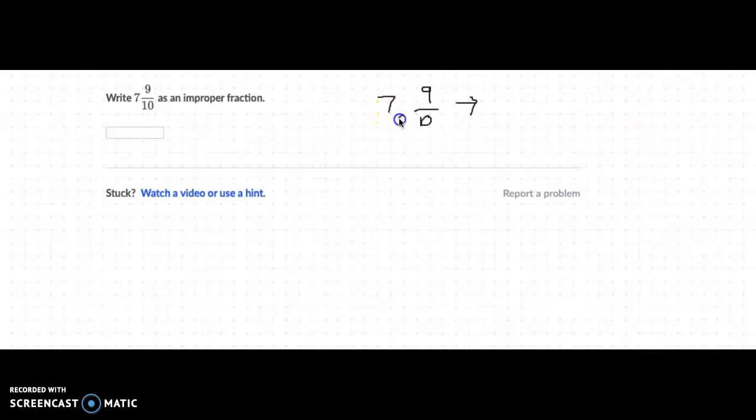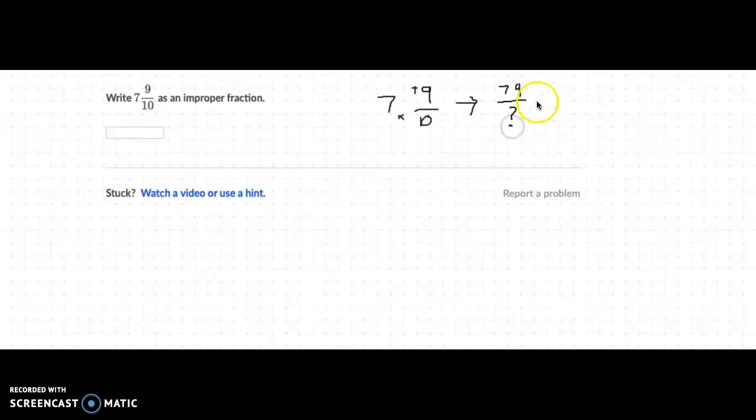So the next step after multiplying these two numbers is we're going to add whatever's on top. 7 times 10 is 70, plus 9 is 79. So now we have one more step, and it's to find the denominator.